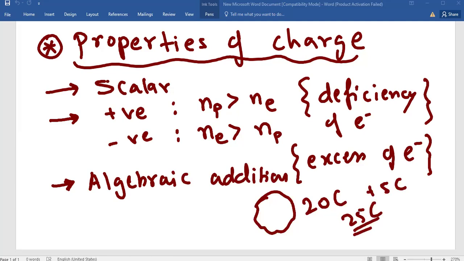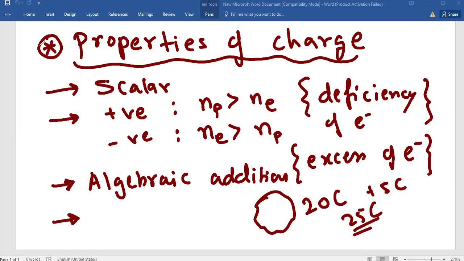There is no other method of adding or subtracting. It is simply an algebraic operation. Then charge is conserved. We will see this conservation of charge after this slide.